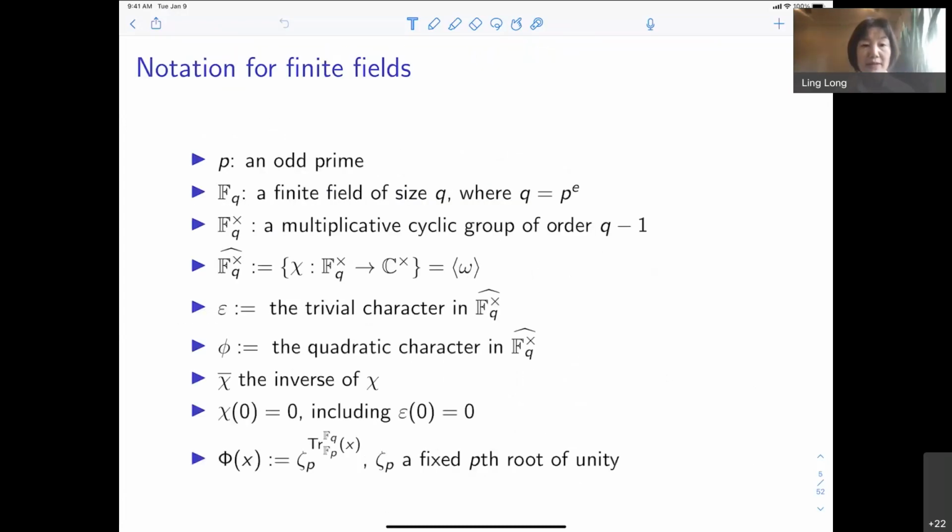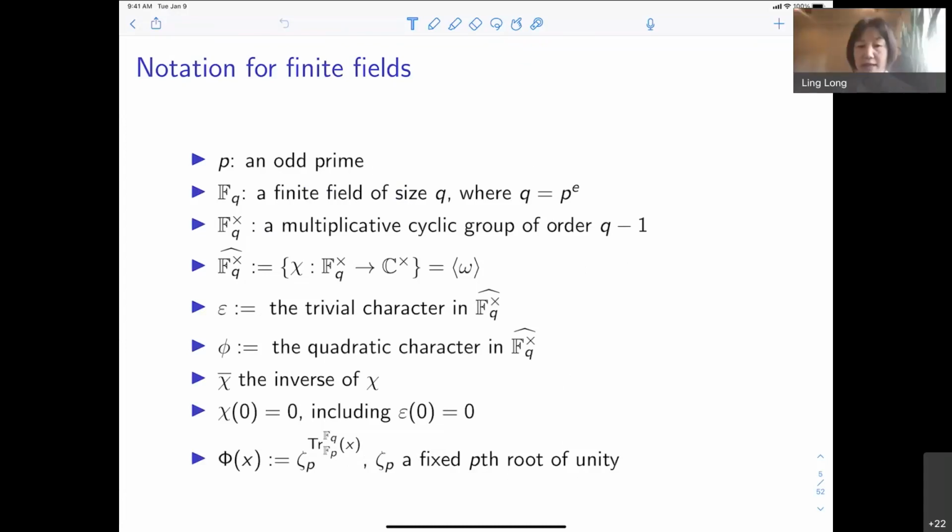And for the finite field, let me first set up the notation. For this lecture, p will be an odd prime, so I'm excluding 2. F_q will be a finite field of size q, which is a power of p. If you remove 0, the invertible elements in this finite field form a multiplicative group of order q minus 1.